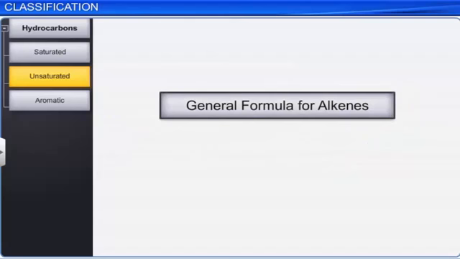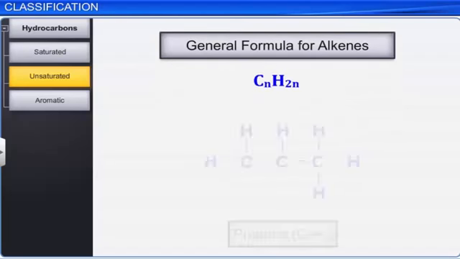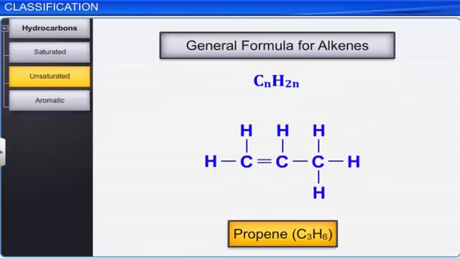The general formula for alkenes is CnH2n, where n is equal to the number of carbon atoms present. For example, propene.